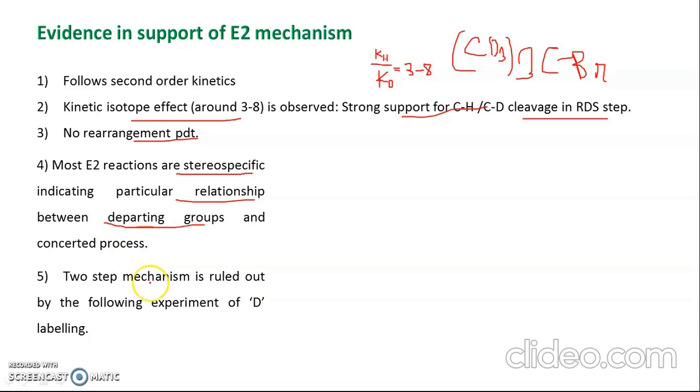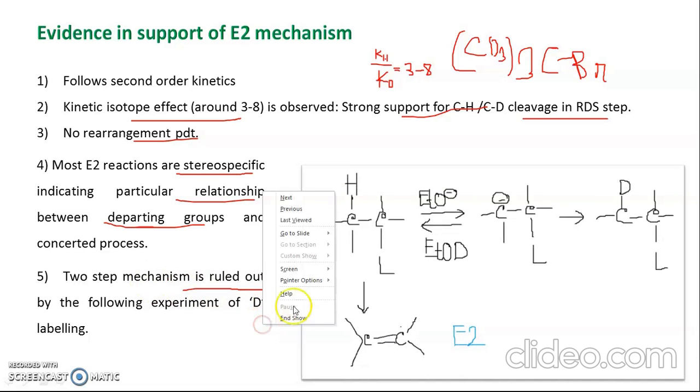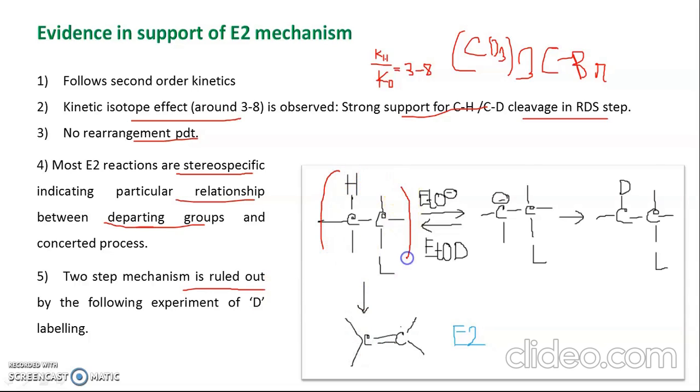And the last point is that a 2-step mechanism will be ruled out if you do the reaction with deuterium labeling. So what is that? Let's look at it. Suppose your starting material is this. This is again a general structure.